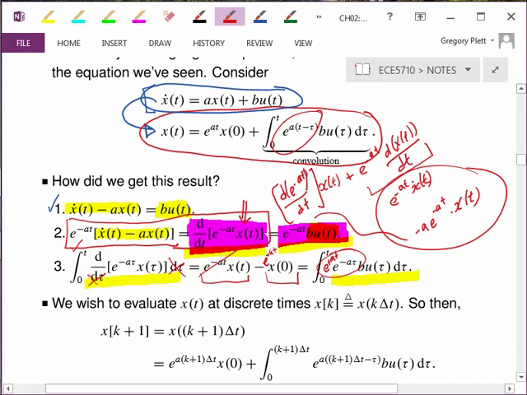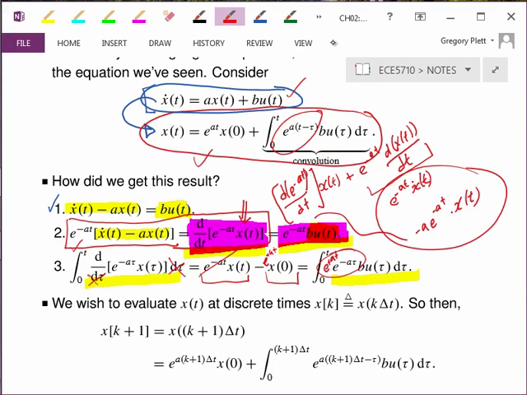This is, again, a very sneaky proof. Someone very clever came up with it. I don't know who. I don't even remember where I saw it first. But it's a very short proof that allows us to find the general time domain result for this ordinary differential equation.